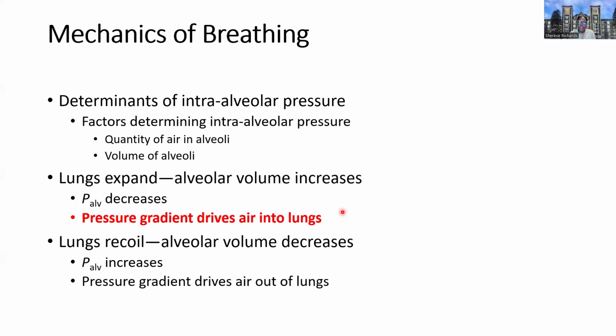So don't think about it as the air moving in being what makes the volume bigger. It's the other way around. The volume gets bigger first, and now the pressure goes down, and now the air can move in. So the air doesn't make the volume change, the volume makes the pressure change, and the pressure drives the air. So it's really a chain of events.